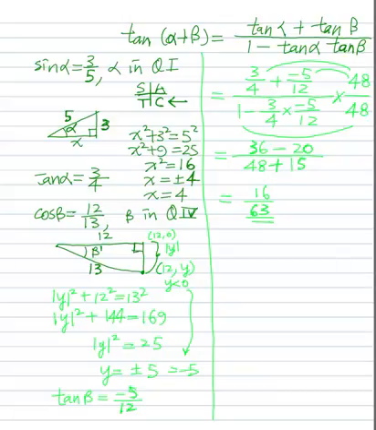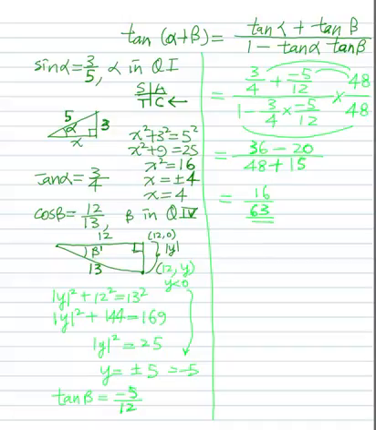Let the height of this triangle be the absolute value of y. If we put one corner of this triangle at the origin, then the coordinate of where the right angle is will be 12, 0.